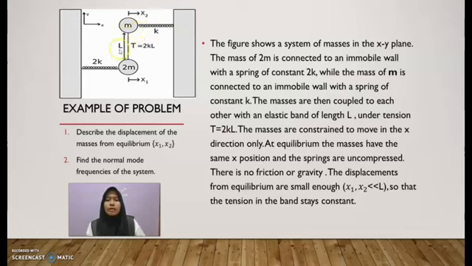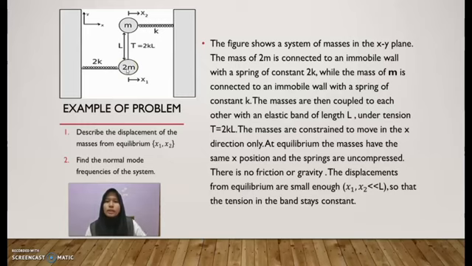They are coupled to each other with an elastic band of length L under the tension T equal to 2kL. The masses are constrained to move in the x direction only, and at equilibrium, the masses have the same x position and the springs are uncompressed. There is no friction or gravity.